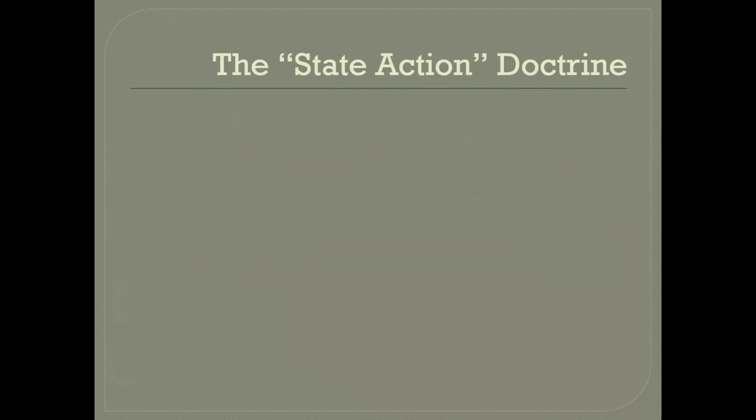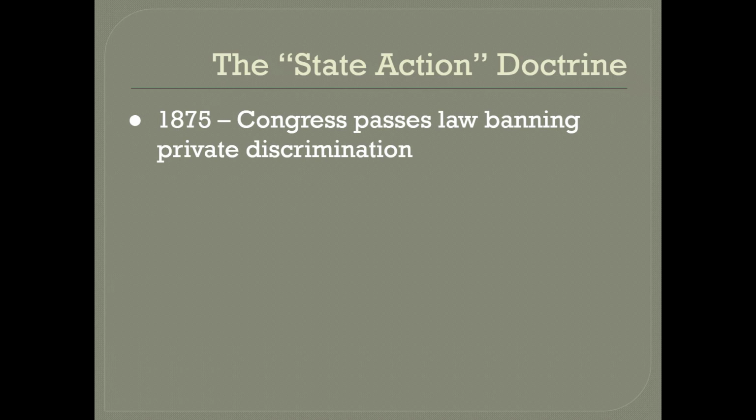So, in order to understand the law of private discrimination, it's important to understand the state action doctrine that was formulated by the Supreme Court. We already know that the 14th Amendment and the Equal Protection Clause were added to the Constitution in 1868. Well, a few years after that, in 1875, Congress passed a law banning private racial discrimination.